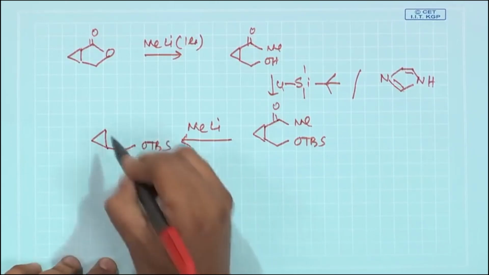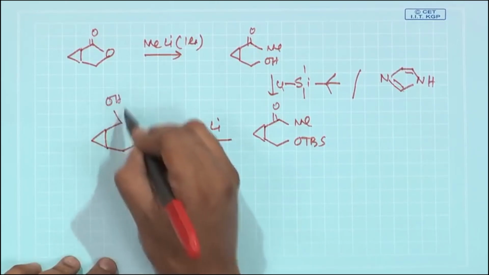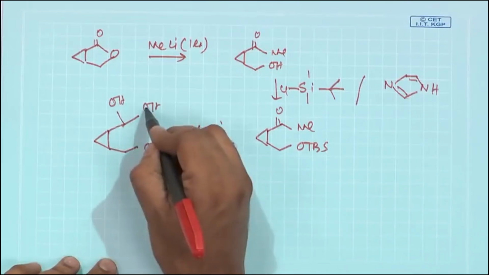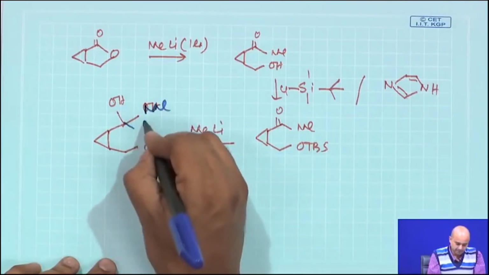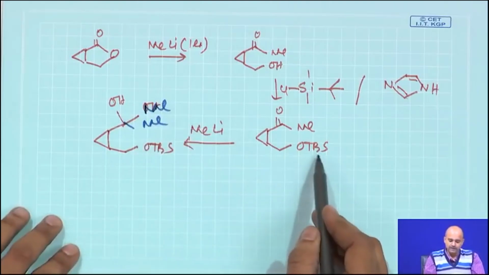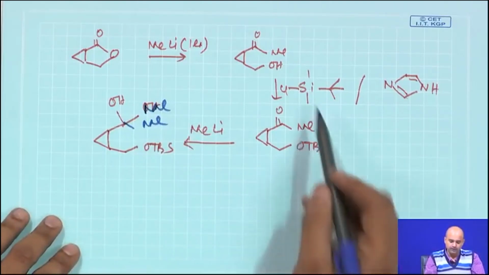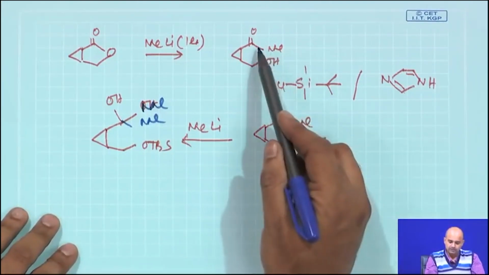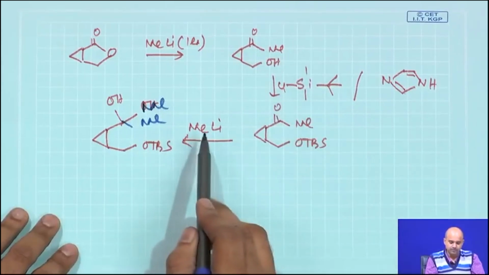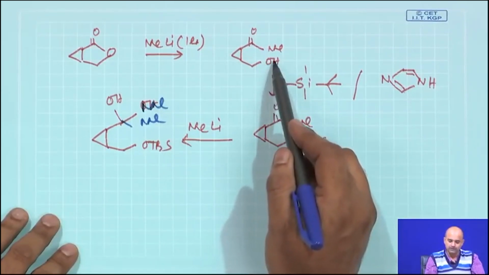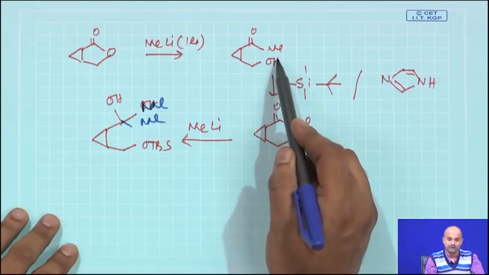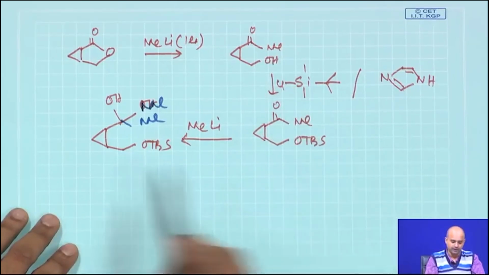that will give you the OTBS, and you get this tertiary alcohol OH, the remaining methyl. You basically need to protect this CH2OTBS to make sure that methyl lithium acts only as a nucleophile, since the base could cause some disturbance here; that is why this free alcohol needs to be protected.